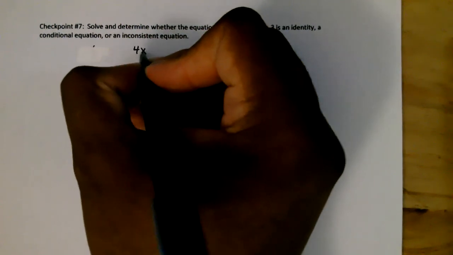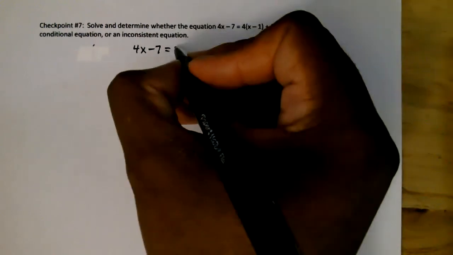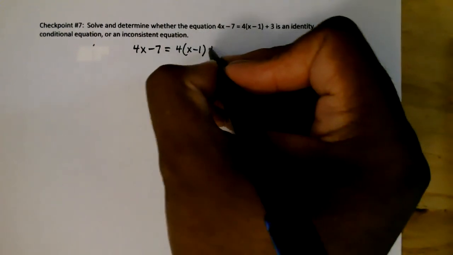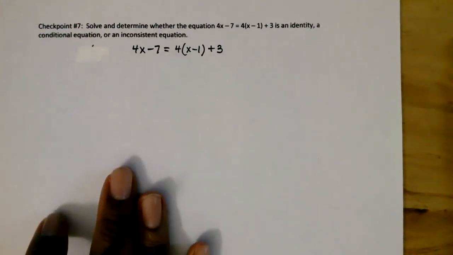Let's see. No, 4x minus 7. Okay. So let me write it over here. 4x minus 7 equals 4 times the quantity x minus 1, close parentheses, plus 3.